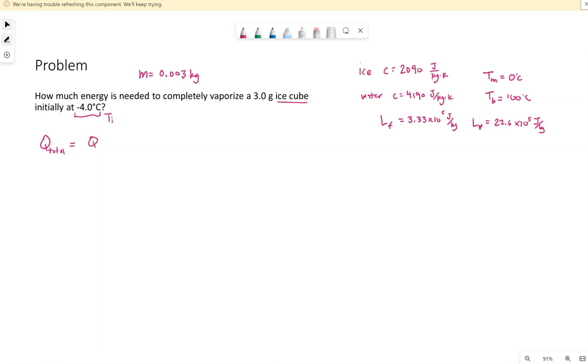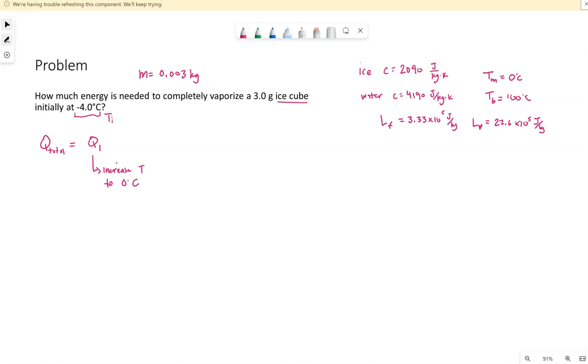So Q1, the first step, is to put enough energy in to increase the temperature to 0 degrees Celsius. We need to get this ice cube to its melting temperature where it can melt.